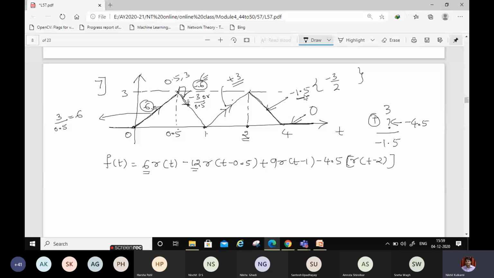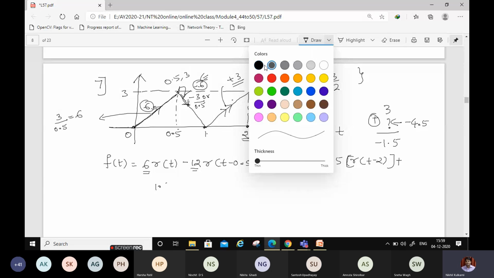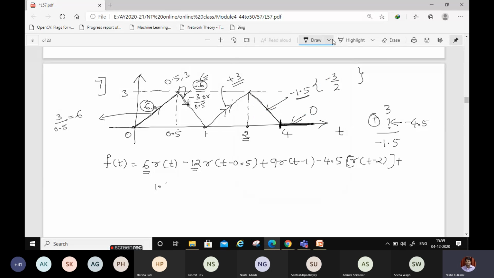Here the slope is minus 1.5. At 4 you have to make it 0. How much do you need to add now? Plus 1.5. Just a minute. So I have to add plus 1.5 from which point?